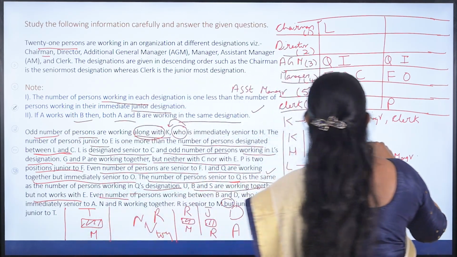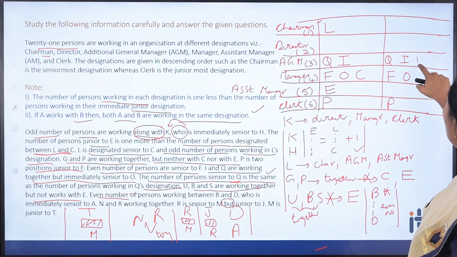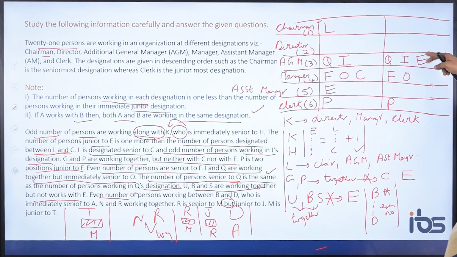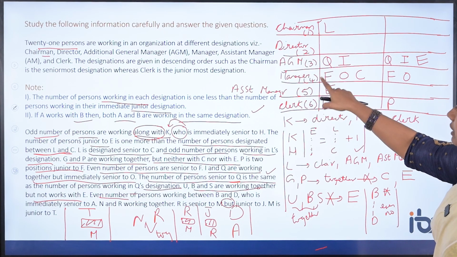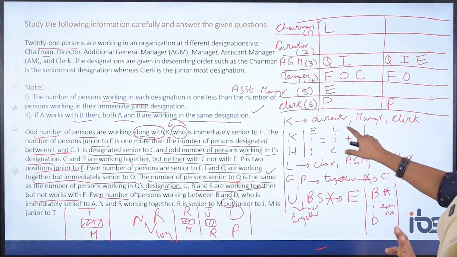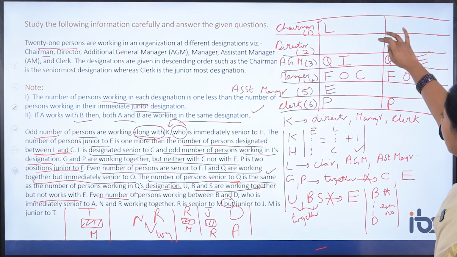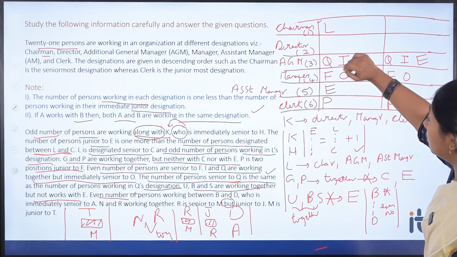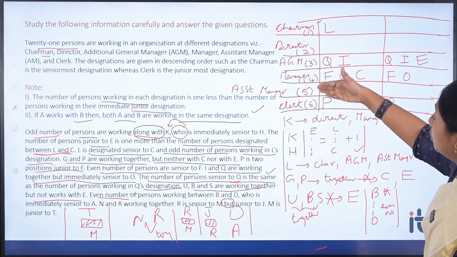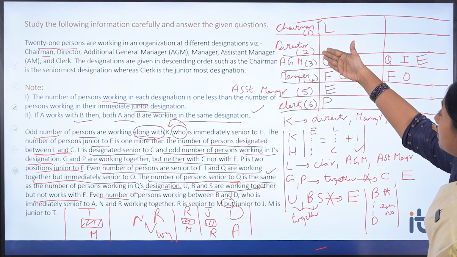Or else if you place E here, how many persons are junior to E? 6 plus 4, 10, 15. So you need persons between L and C as 14. Is there any chance of getting 14? So let me see the numbers. 9 plus 3, 12, 12 plus 2, 14.